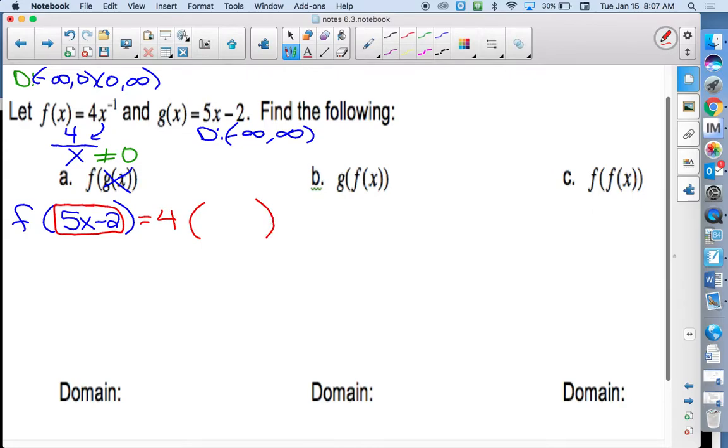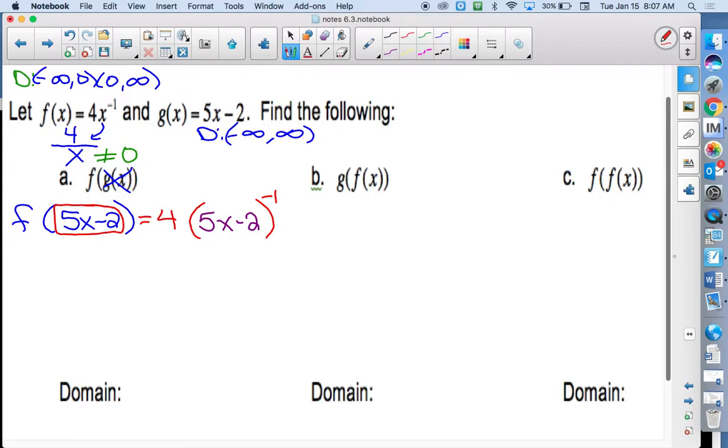Well, instead of me writing x, we're using substitution. This goes back to chapter 3. When it's equal to something, you're allowed to take out a variable and replace it with whatever it happens to be equal to. So instead of having an x to the negative 1, we're going to have 5x minus 2 to the negative 1. That's substitution. Take out a letter, replace it with whatever it's equal to.